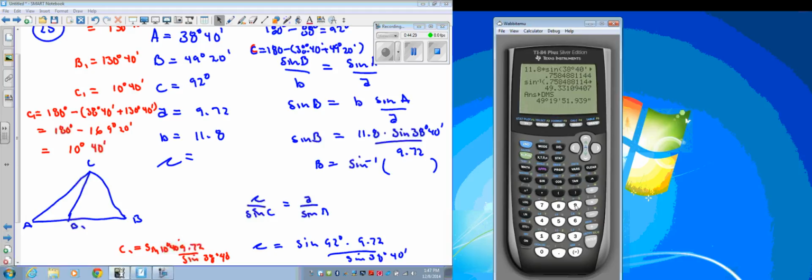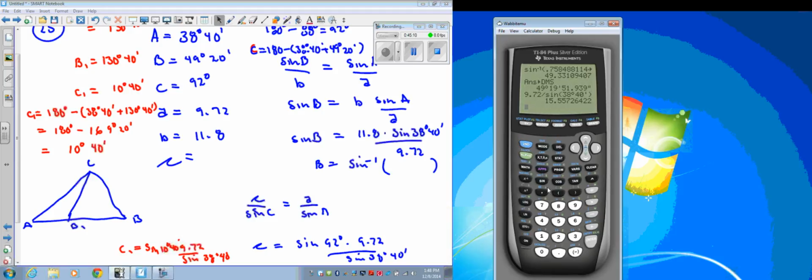So 9.72 divided by sine of 38 and 40. That gets that. Then what I'll do is I'll do sine of 92 times that.